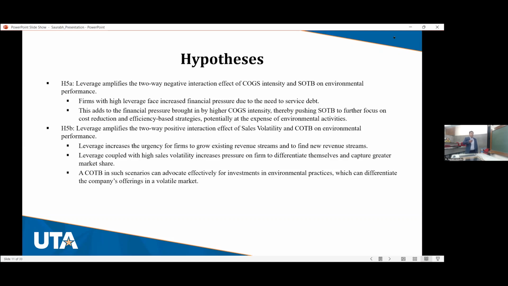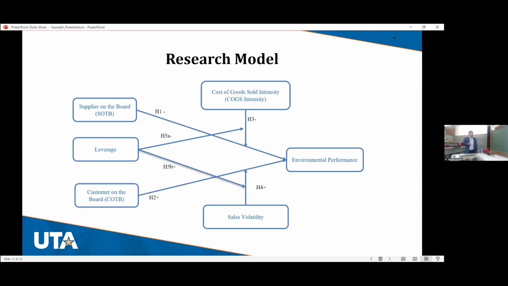So we believe that leverage will again act as a moderator to these existing relationships, and we see that the negative effect of supplier on the board on environmental performance with COGS intensity will get further worsened, and in the case of customer on the board, those existing relationships will get further enhanced, right? So this is our research model that we wanted to test.